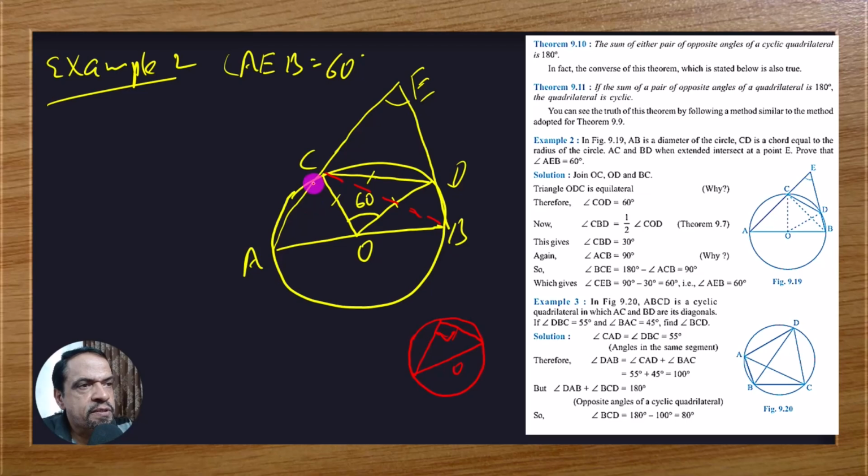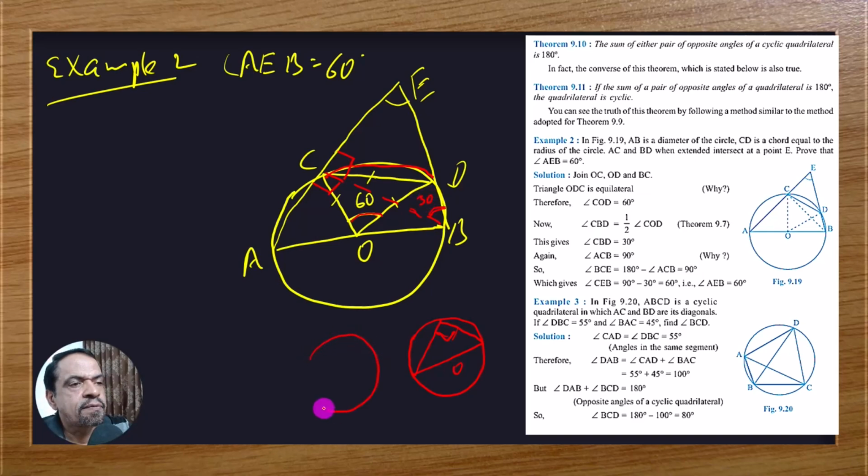So this is a right angle, and by linear pair this will also be 90 degrees. And just now we saw in a theorem that the angle at the center is twice the angle in the remaining part. This angle is in front of 60 degrees, arc CD, and arc CD is also in front of this angle, so this will be 30 degrees.